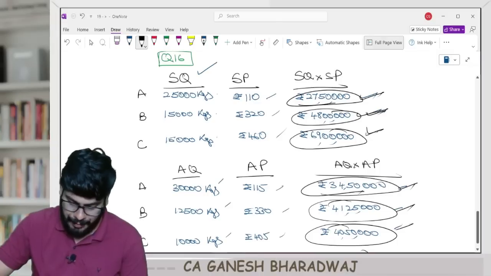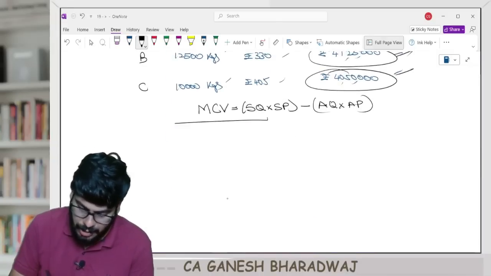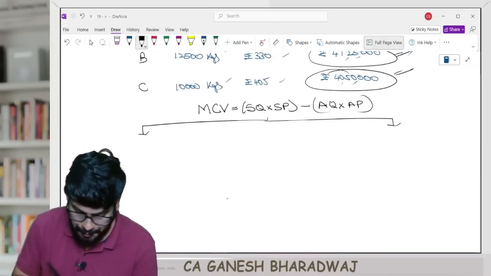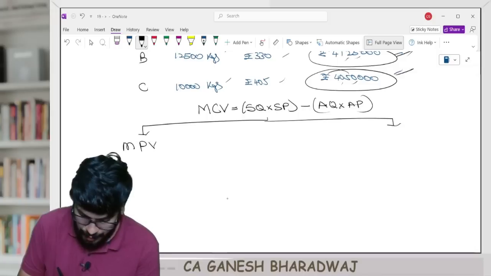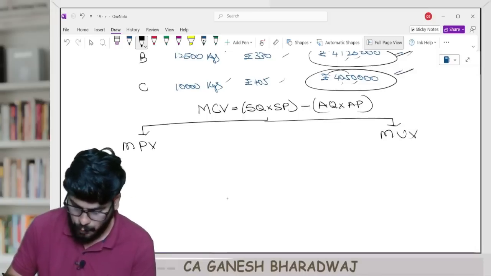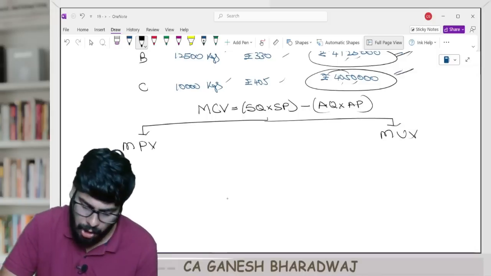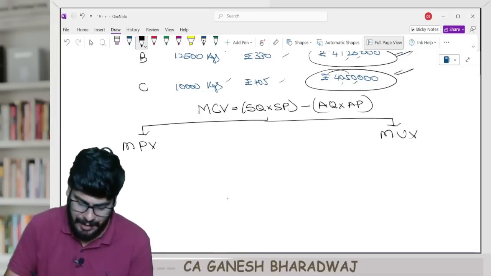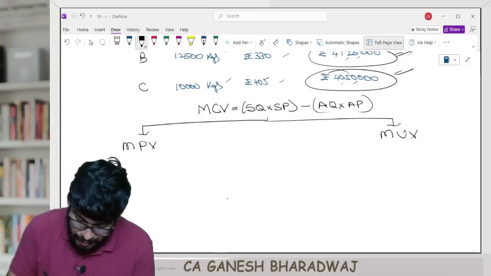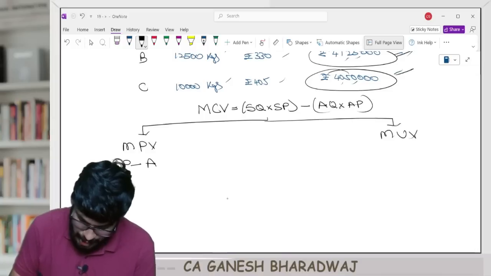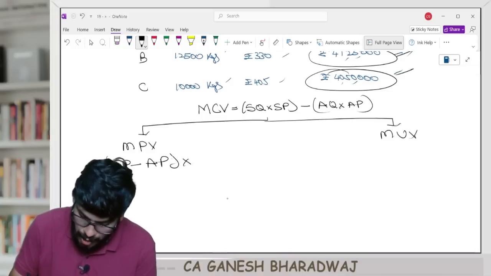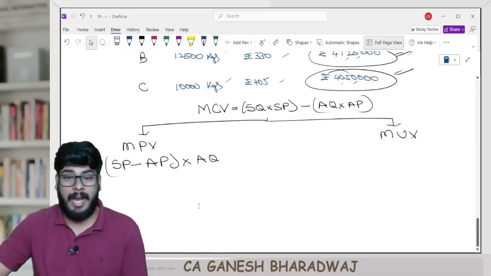Yes. So now this can be branched out into two: material price variance and material usage variance. I've taught you the formula for this with the logic. The material price variance formula is standard price minus actual price into actual quantity. Why actual quantity?